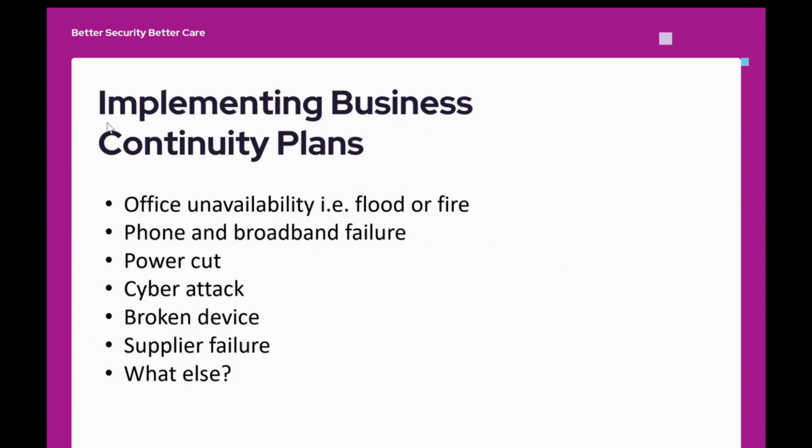So when creating a business continuity plan, it's good to look at a number of things. I've got some of them listed here, and talked about a couple of attacks and outages that have happened. Another one to think of, it must be over a year or two now, was the Leicester City Council when they were attacked. And speaking to my colleagues there, I understand a number of providers weren't paid on time.